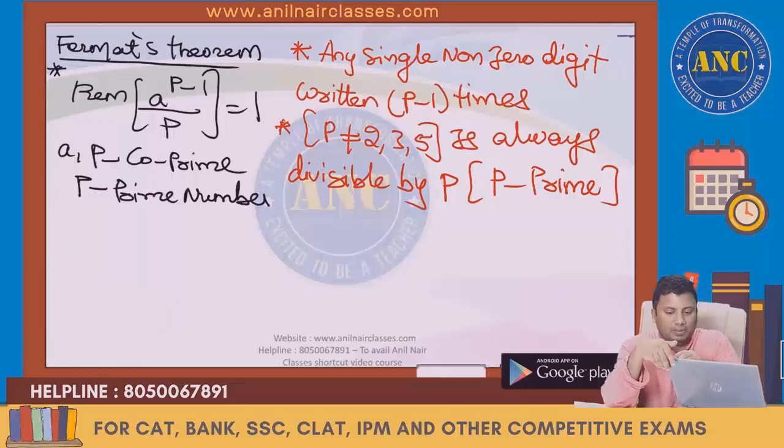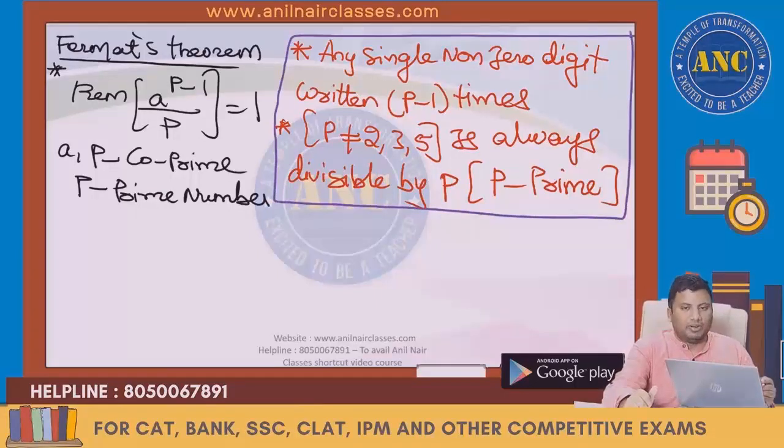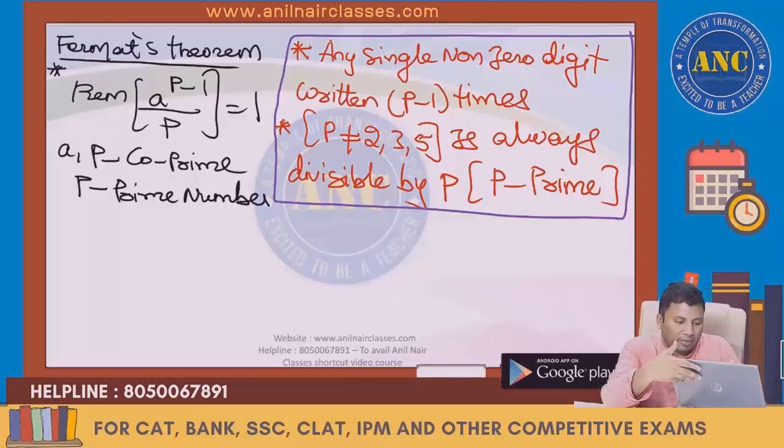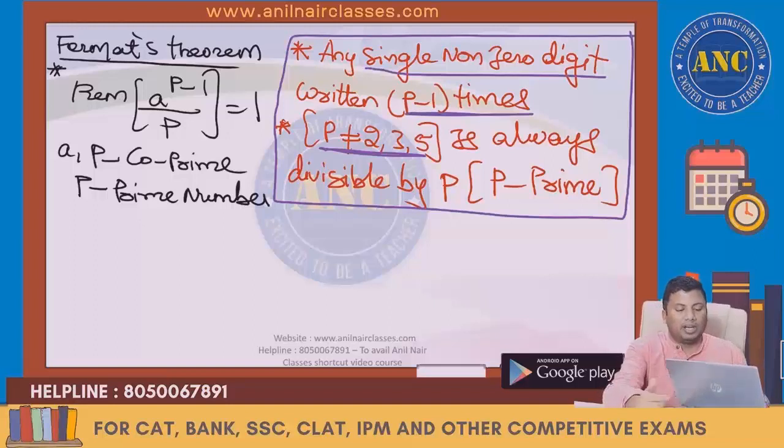For me, the important key points are that p is not equivalent to 2, 3, 5 and a single non-zero digit is written p minus 1 times.